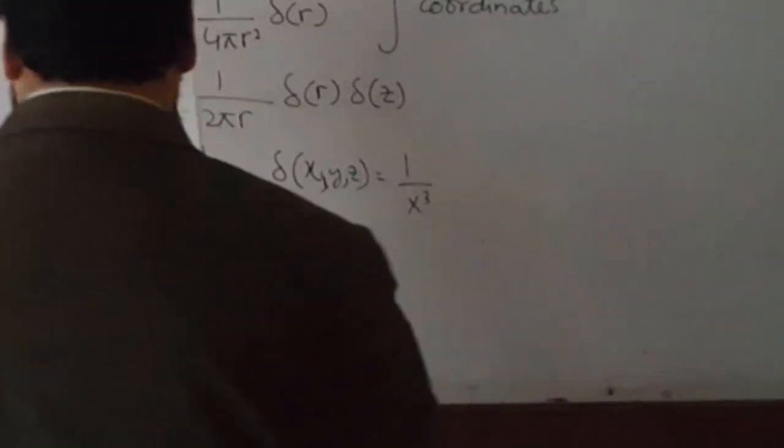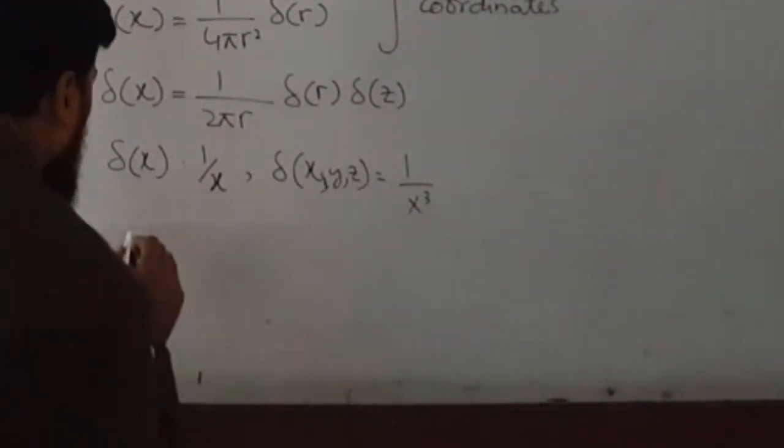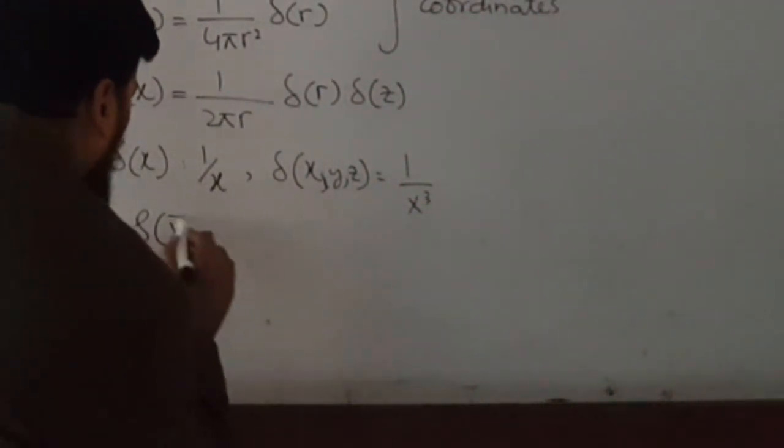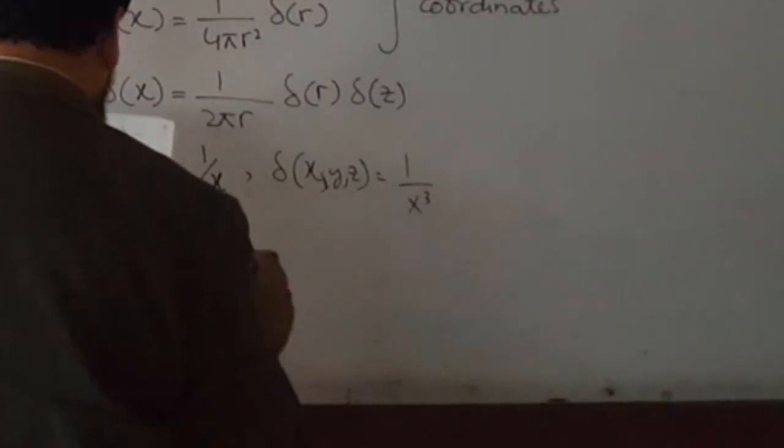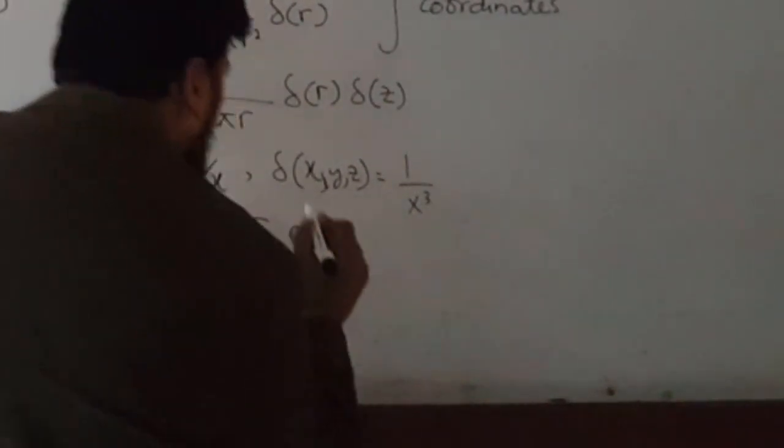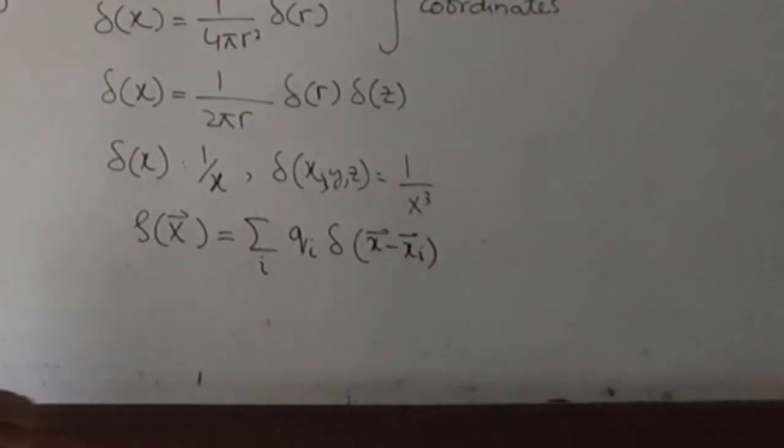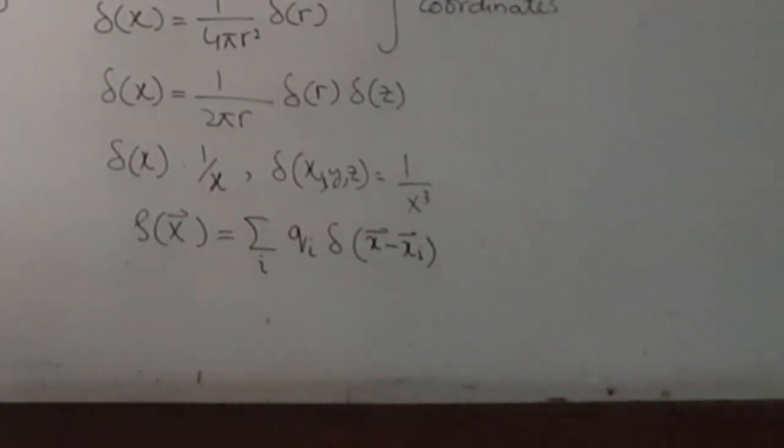I will redefine my charge density: rho of x is equal to the summation over i of qi times delta of x minus xi. Clear? Okay.